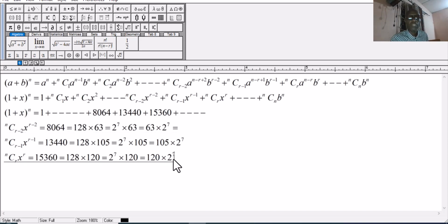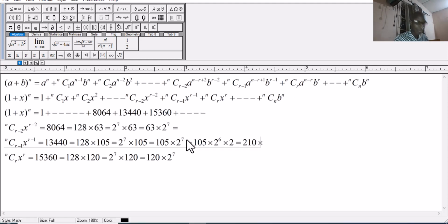So what I need to do is find a way of reducing this. I can say this one is 105 times 2 times 2 raised to the power of 6, which is the same thing as 210 times 2 raised to the power of 6.